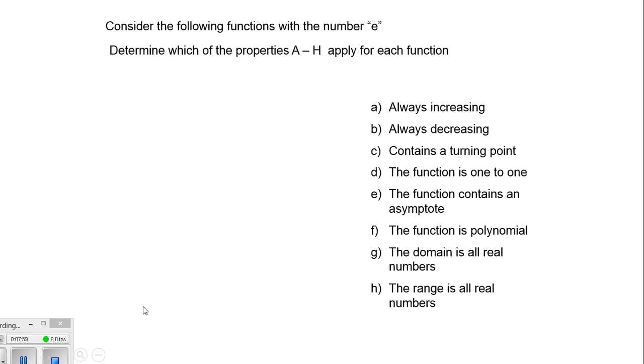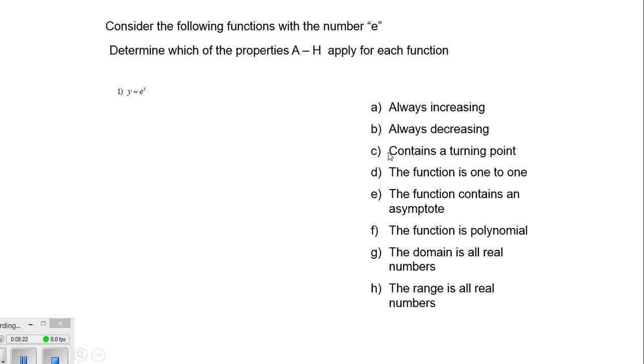Now let's make sure we have a handle on what e is with some lines of questioning. We've got the graph of the function y equals e to the x, again e is about 2.71, to the x. We want to ask, is it always increasing? Yes, it's an exponential function whose base is greater than 1. It's always increasing, so it's not always decreasing. Turning points?